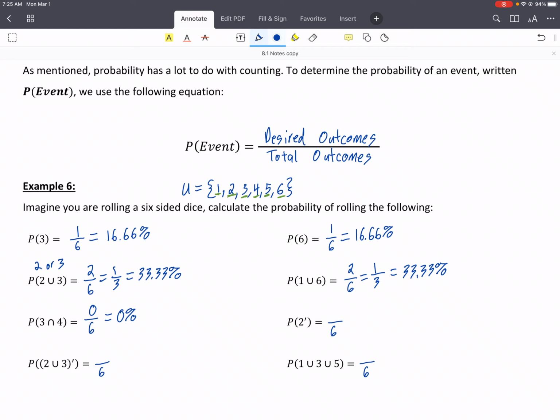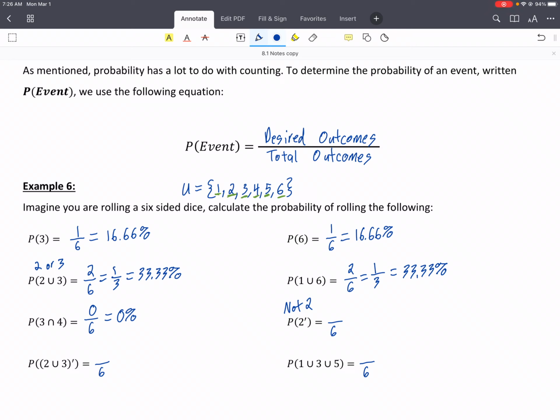Or thinking about this logically, if we roll a 3 on the dice, is there any way that could also be a 4? No, because a 3 is a 3. And if we roll a 4 it's a 4. It's not going to become a 3. Okay? And then we have probability of 2 prime, which means basically it's not rolling a 2.